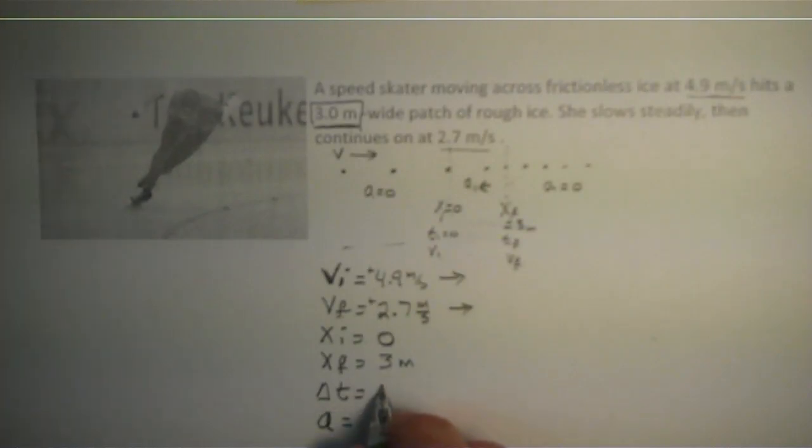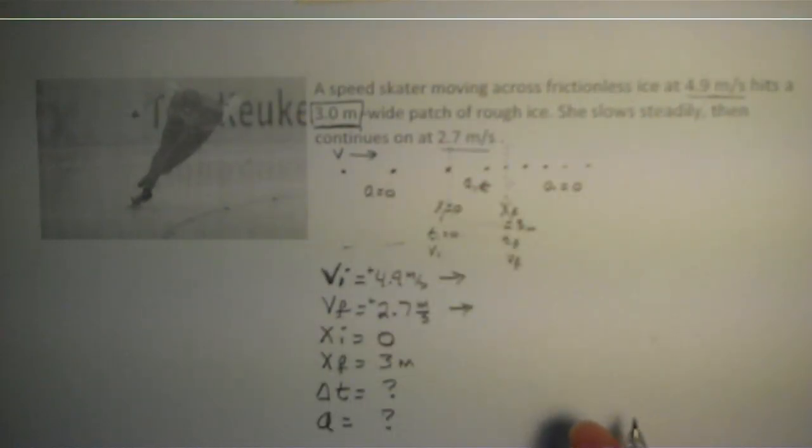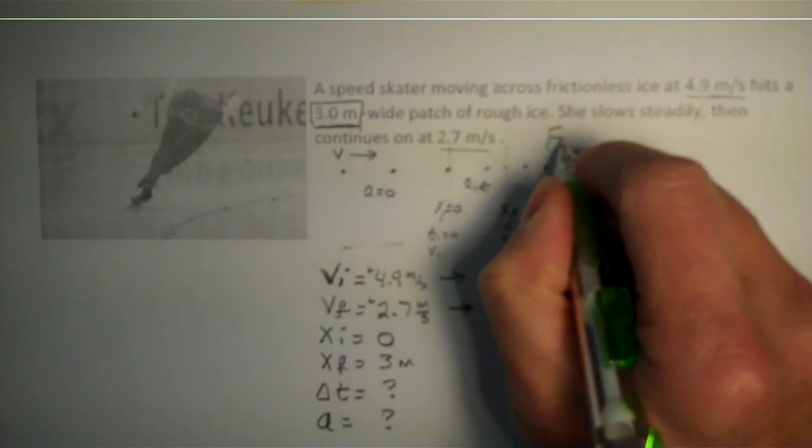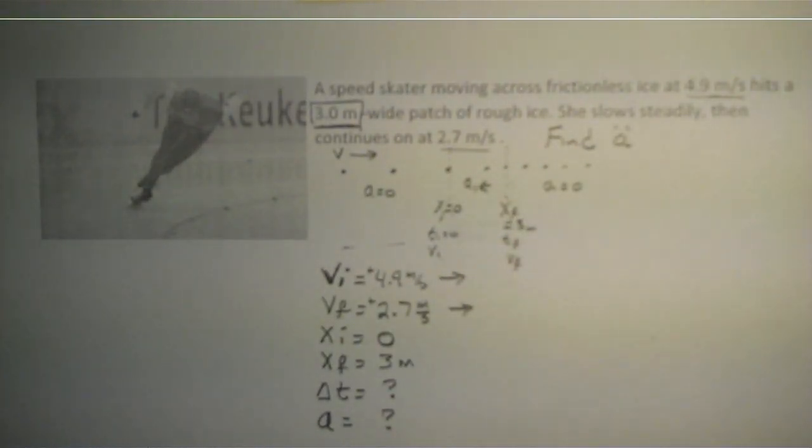The time between this, I don't know. I put a question mark. The acceleration, I don't know. But the question is, and I don't have the question here: What is the acceleration of the skater? We want to find a. So this is what I'm finding.